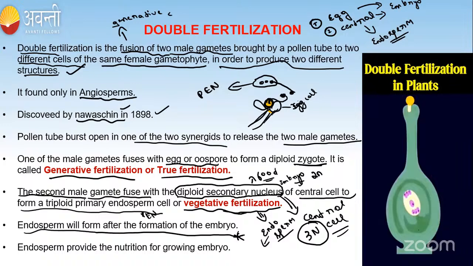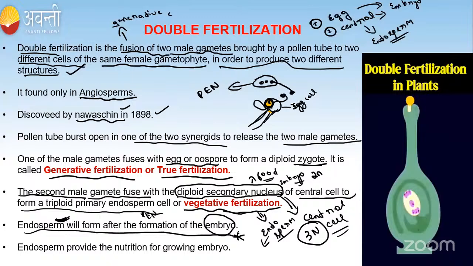If the endosperm is formed before the formation of the embryo, and the fertilization does not happen, then the energy spent on making the endosperm is wasted, right? So that's why in the angiosperm the first embryo is formed, and later the endosperm is formed.